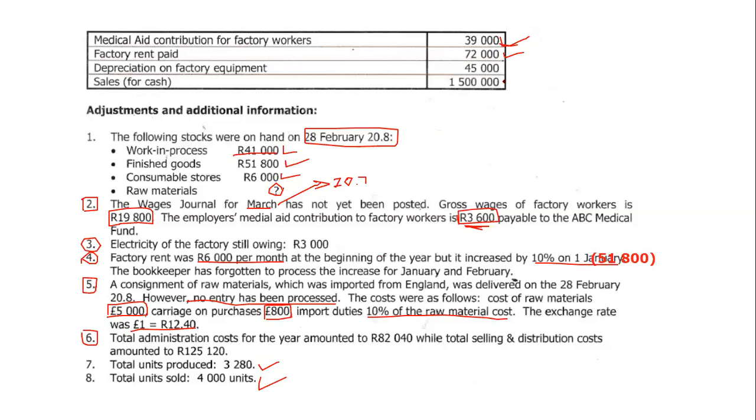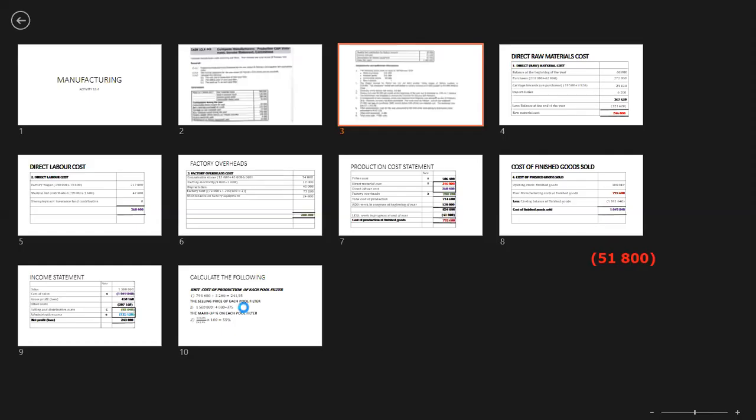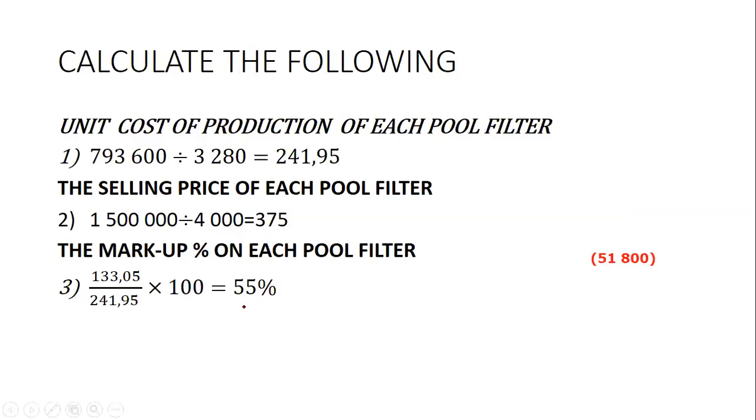Exactly. They give you the sales amount, and the sales amount is 1.5 million. So you will simply take that 1.5 million and divide it by the number of units that were sold, and it will give you the selling price per unit. For how much did you sell each filter? So for us to get that value, we'll take your total selling price and divide it by the number of filters that were sold, and that will give you 373.